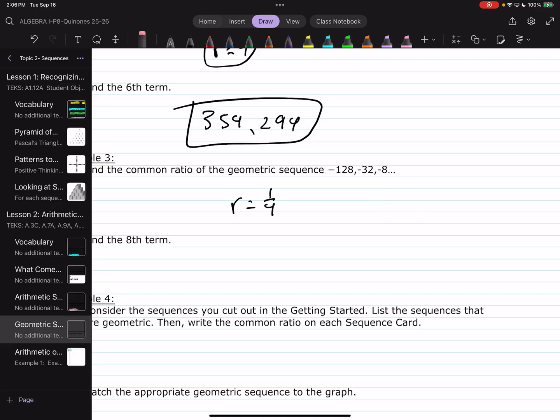Nope. So real quick, everybody, for those of you that are struggling to figure out how to find the ratio if we're decreasing, here's what I like to do. I like to divide the 2nd term by the 1st term.